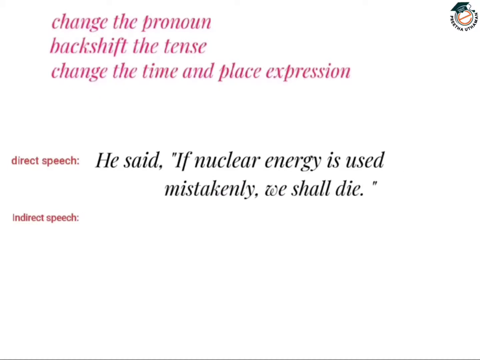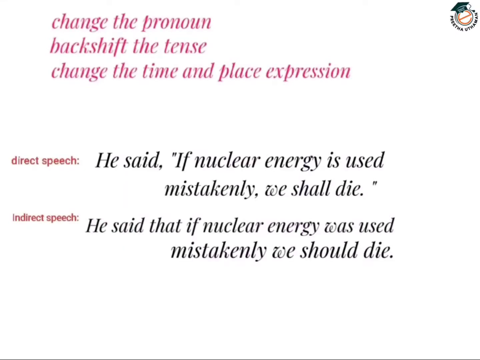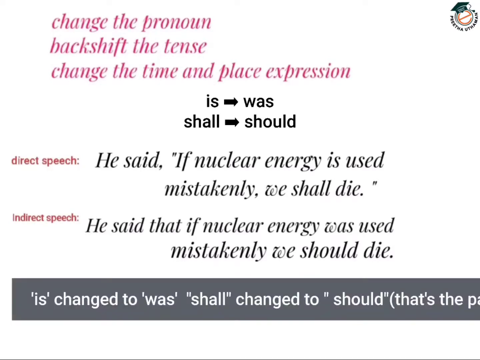Next sentence, he said, "If nuclear energy is used mistakenly, we shall die." The indirect speech is, he said that if nuclear energy was used mistakenly, we should die. Is changed to was, shall changed to should.